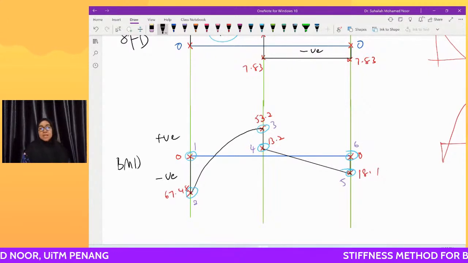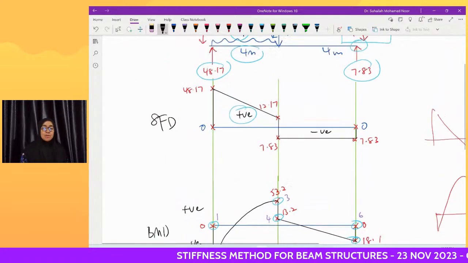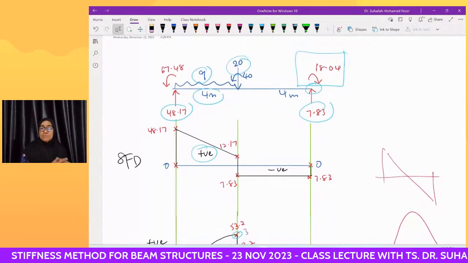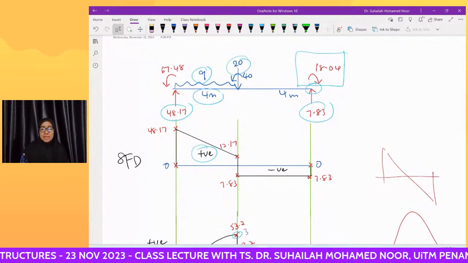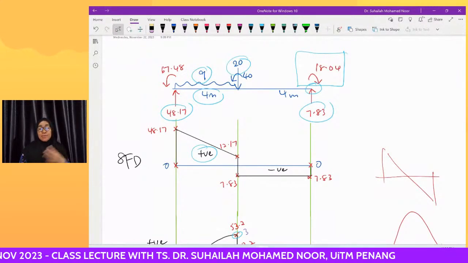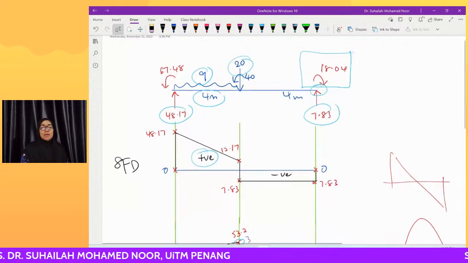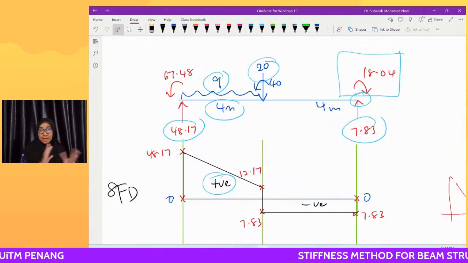This is the BMD. The bending moment diagram we get from the shear force diagram, the area of the shear force diagram. After we have analyzed the beam using the stiffness method, the reactions that we get from the analysis, we put into the diagram in full like this.